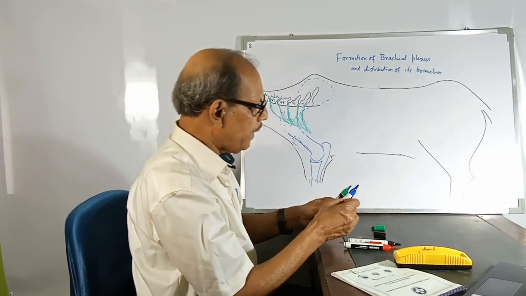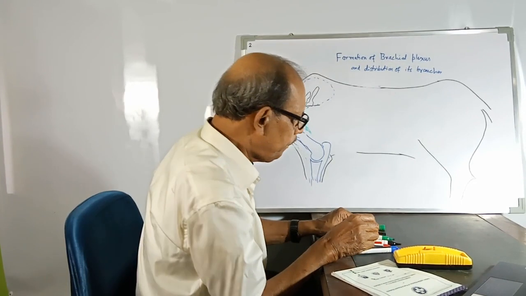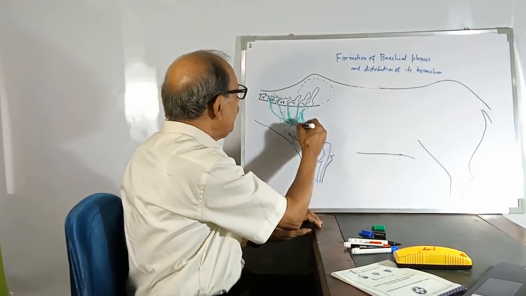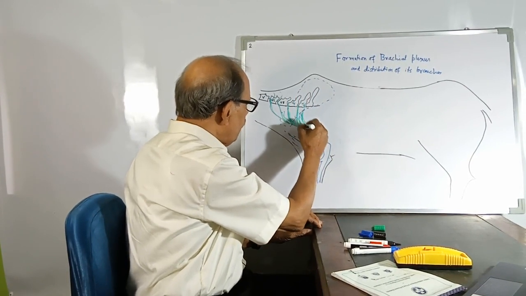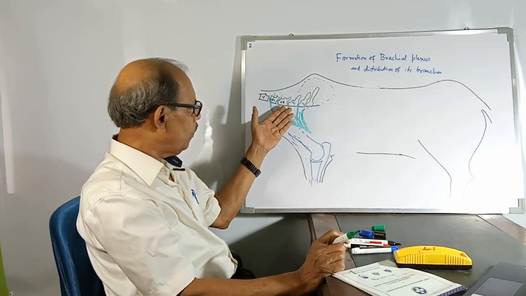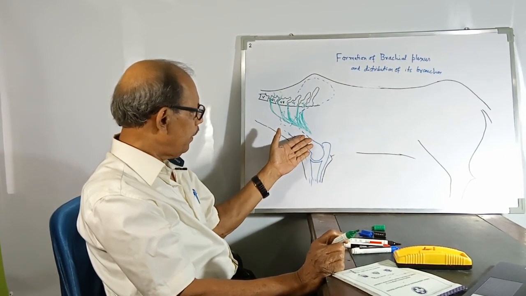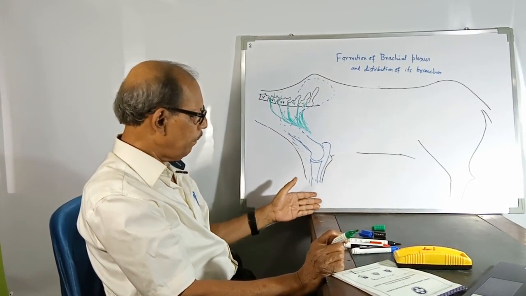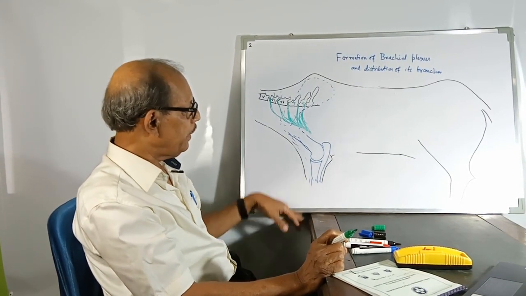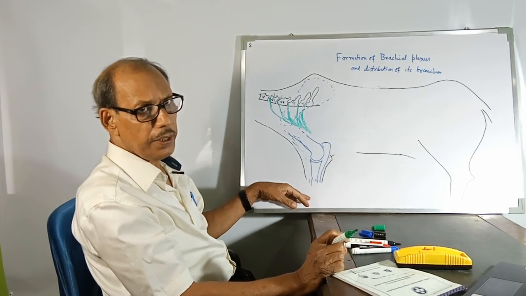This brachial plexus, after its formation, will be distributed to the various parts of the body cavity over here, shoulder, arm and forearm, and this will ultimately go to the digits, the extreme end of this leg.